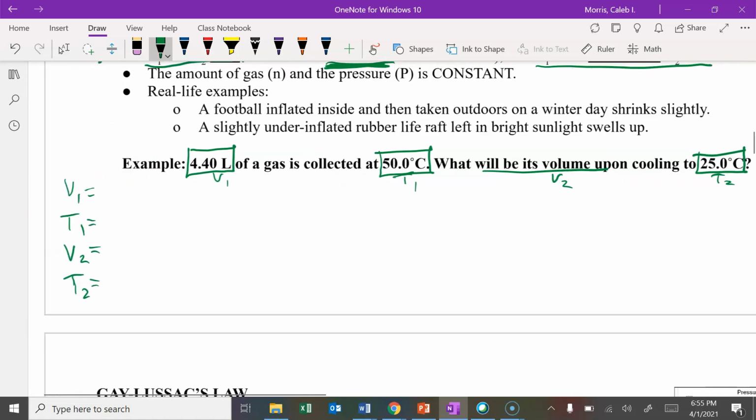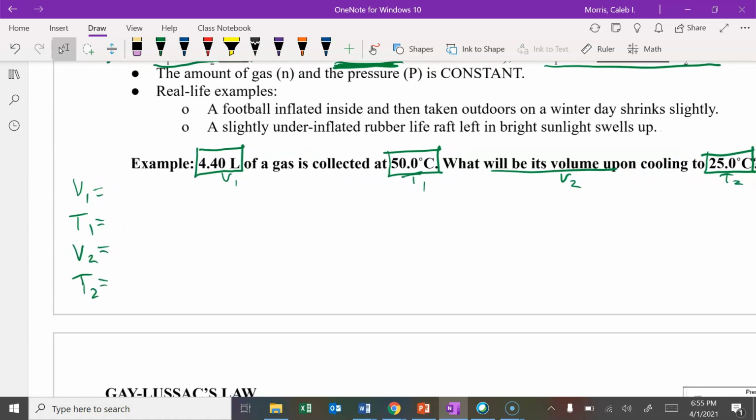Now that we know what they are, we can label them and make sure we have the units we need. So V1 is 4.40 liters. T1 is 50.0 degrees Celsius. Remember, if you have Celsius, we always need to turn it into Kelvin. So we're going to add 273.